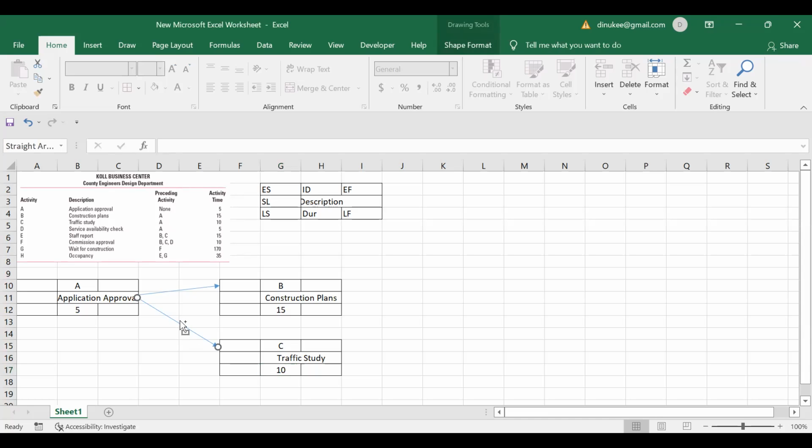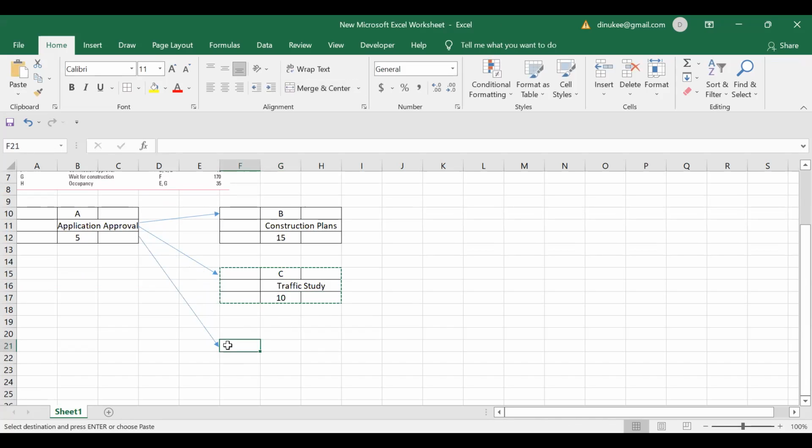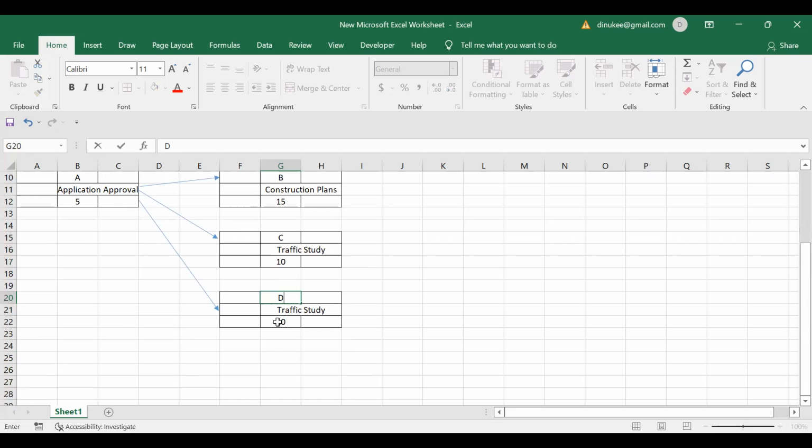Therefore, you have to take another arrow from activity A to draw your activity D. So for the activity D, the description is service availability check and the duration is 5.